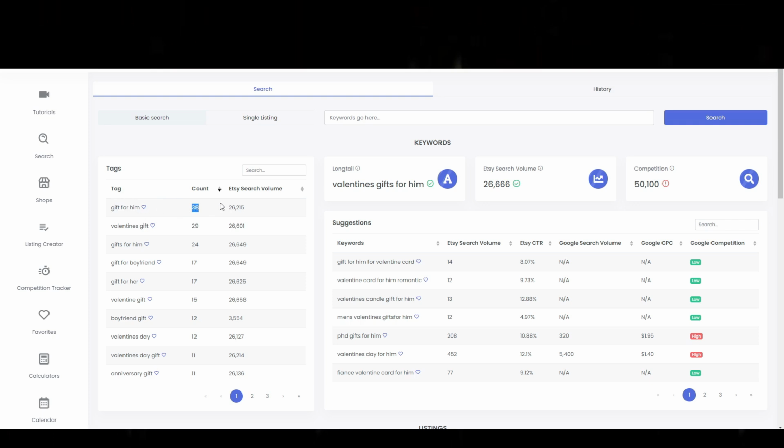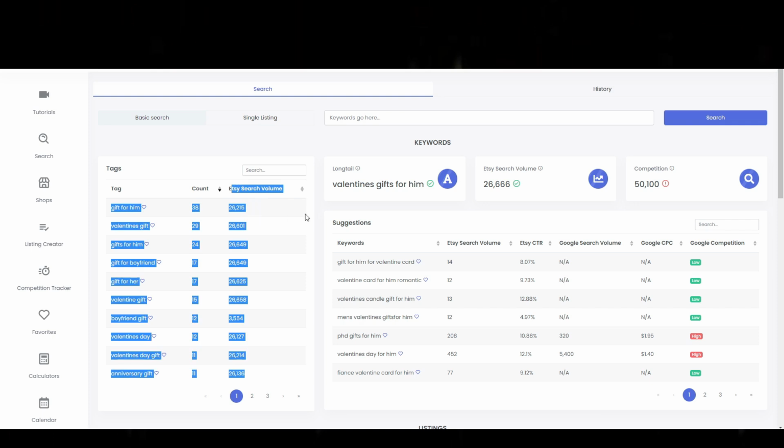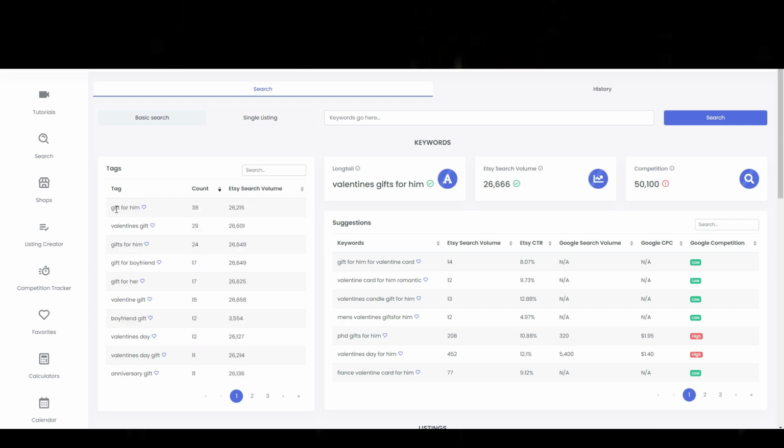It was the tag that was found the highest amount of times with a total Etsy search volume of 26,000. So really what that means is that this specific keyword, this tag, gets searched for on Etsy 26,000 times per month, roughly, okay? Here we have Valentine's gift, which was found 29 times, with an even higher volume of 26,601, okay? And so on.